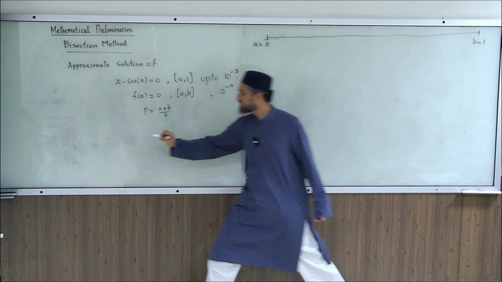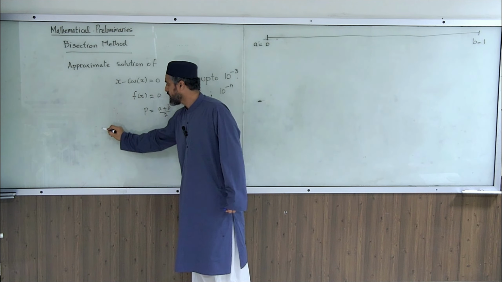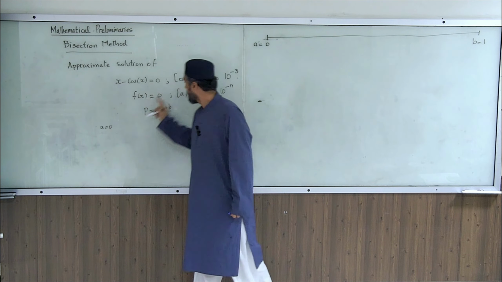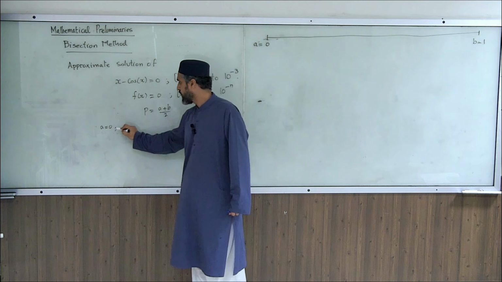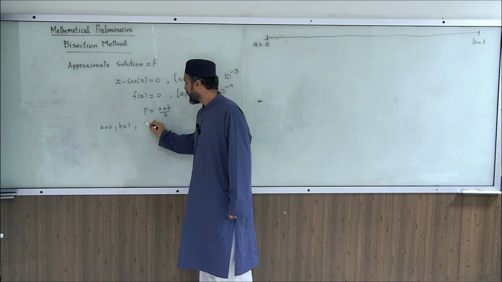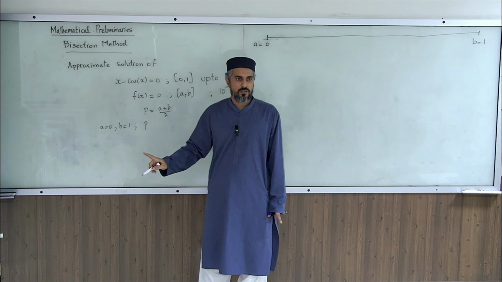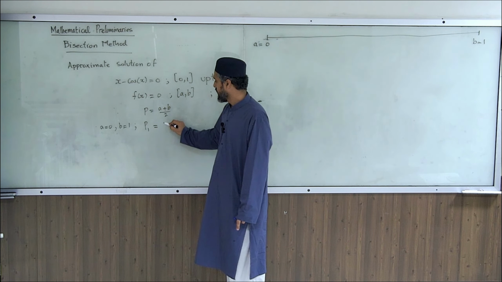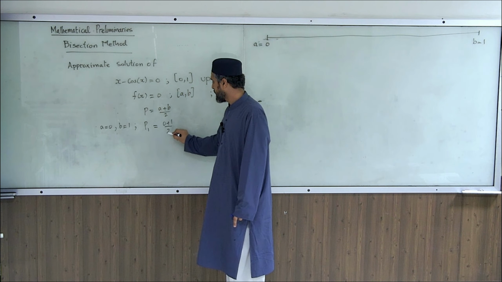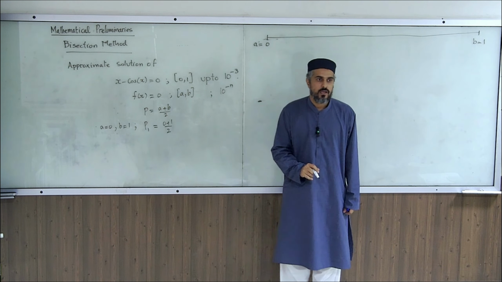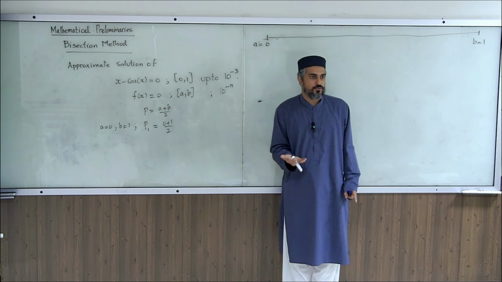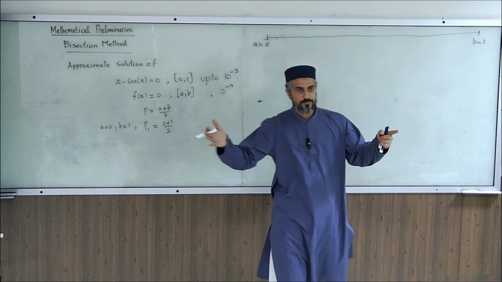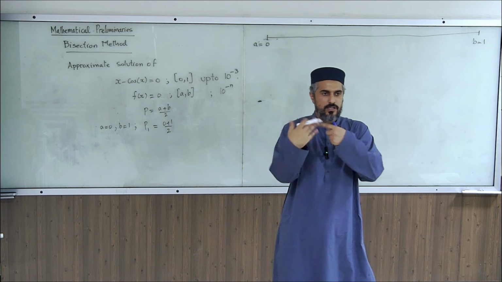In this case a is equal to 0 and b is equal to 1, so I'm calling it p1, and it is equal to 0 plus 1 divided by 2, so it is 0.5. And we need to check, is this a solution or not, because the solution lies between 0 and 1 and we got another point which is a midpoint.